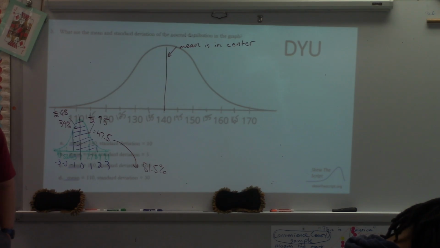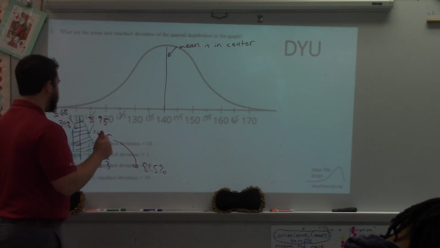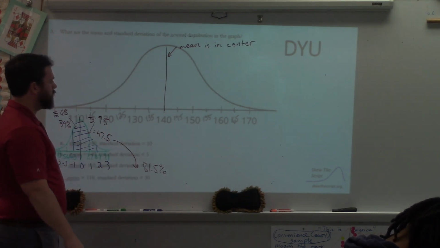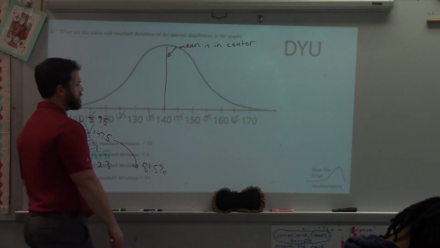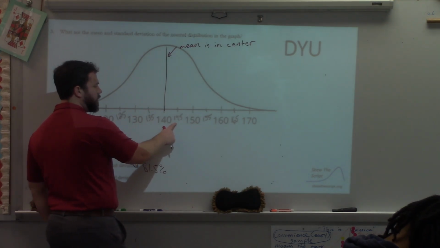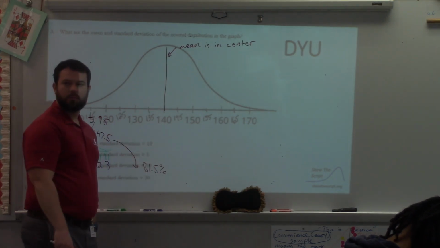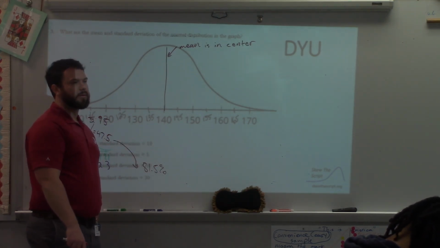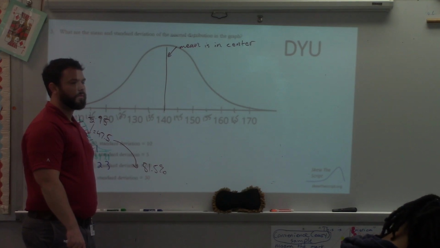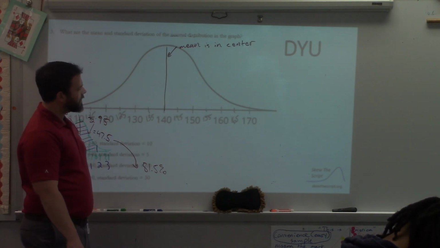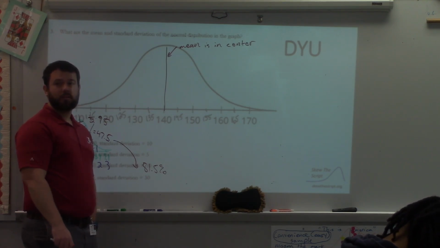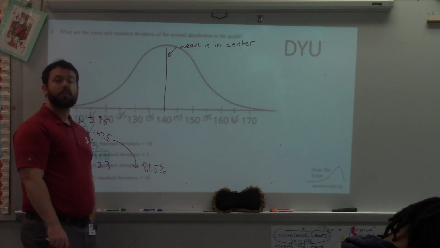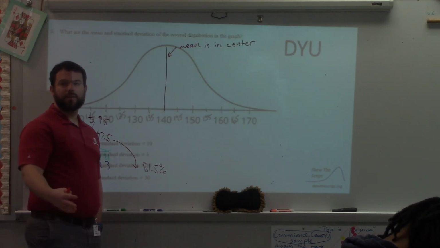It's the mean. Now, is the standard deviation 5, 10, or 30? 10. Why do you think it's 10? Because you could subtract 150 from 140. Yeah, but why aren't you using the 145? How do you know it's too close? Distance. Something I'm looking for. Oh, there's 2 major ways you can justify it. This is the first standard deviation. How do you know that that's the first standard deviation, though?